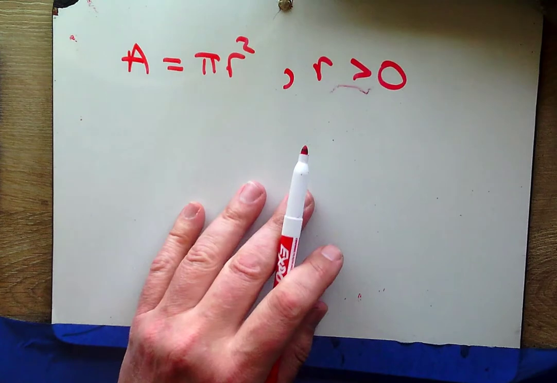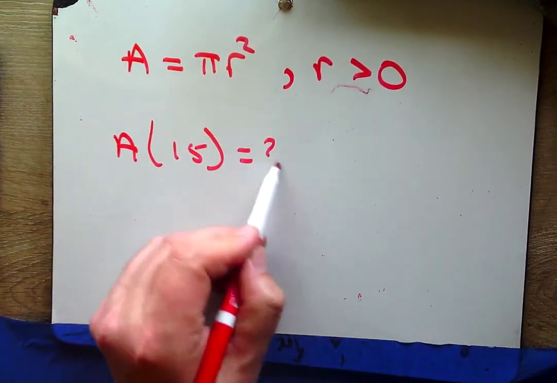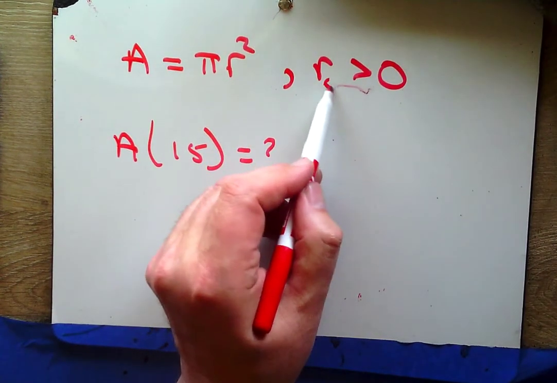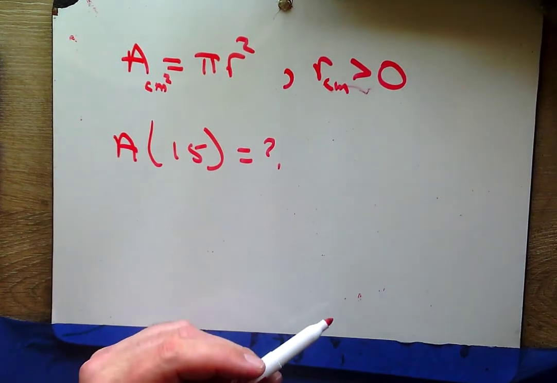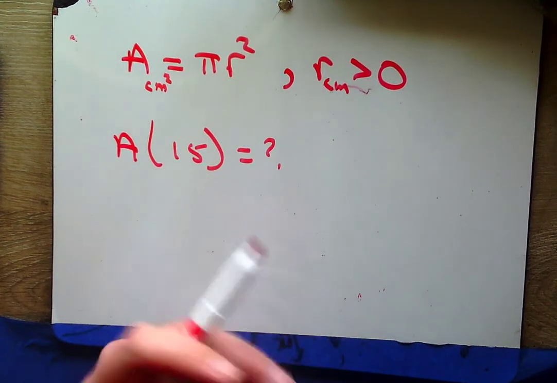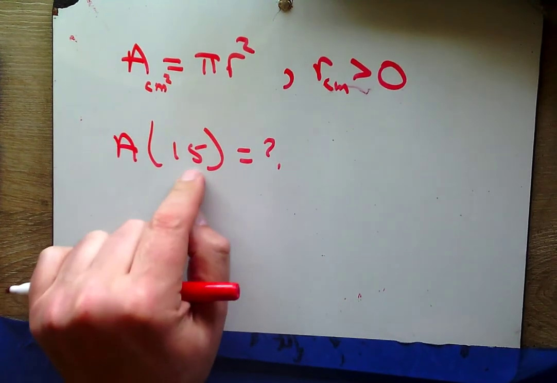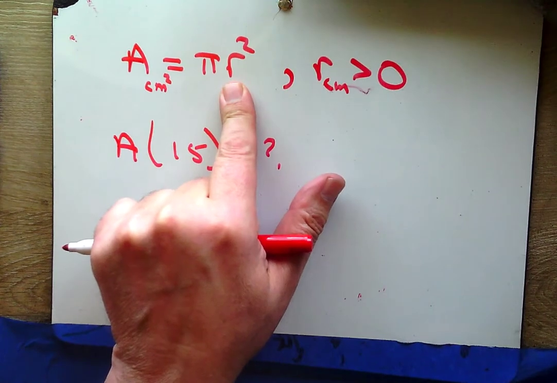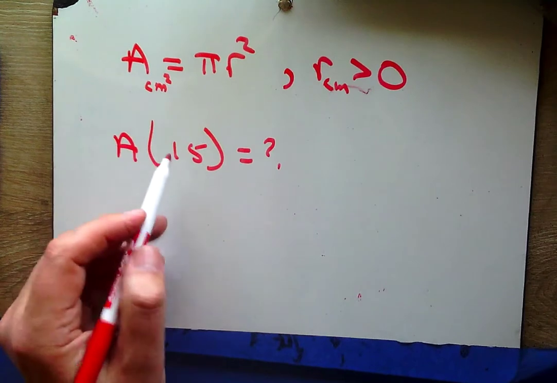But my question is, what does this mean? A of 15. Let's say that r is measured in centimeters and A is centimeters squared. So how am I to understand A of 15? Well, we know from our functions unit that this is an input, and the input variables on this function are radii in centimeters.